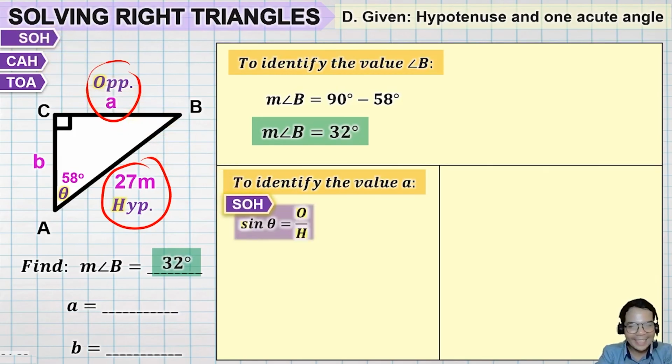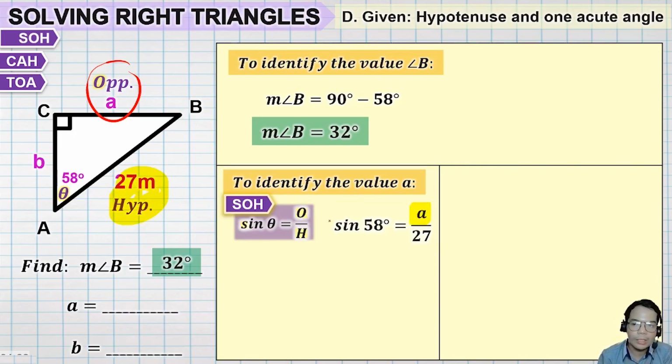Ayan, so we have sine theta is equal to opposite over hypotenuse. So, ang ating theta or given angle is gonna be 58 degrees. Therefore, we have sine 58 degrees is equal to our opposite side, which is A, and our hypotenuse, which is 27.